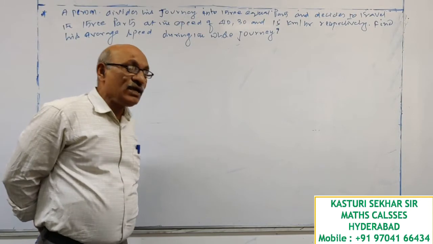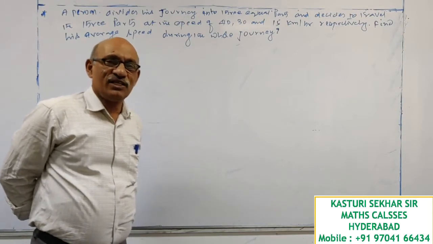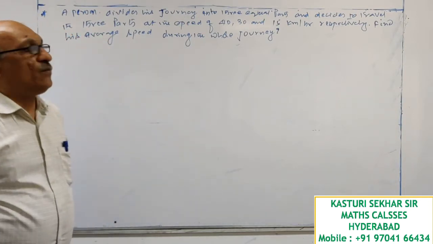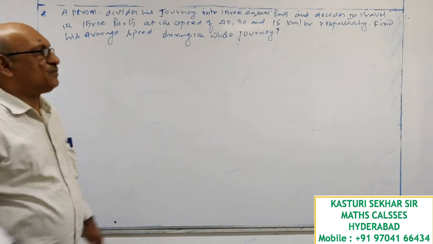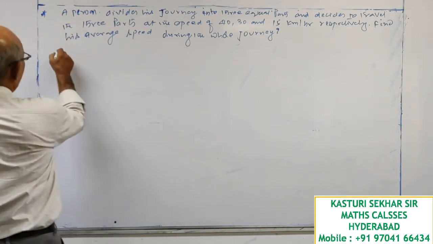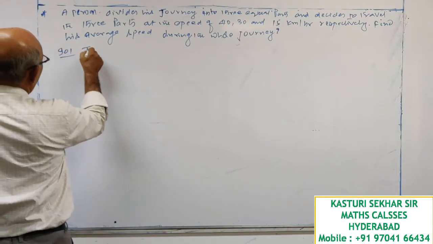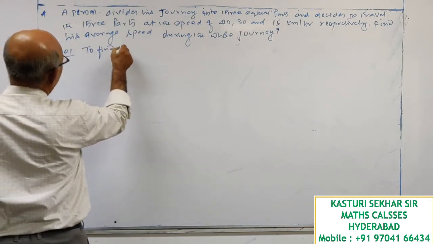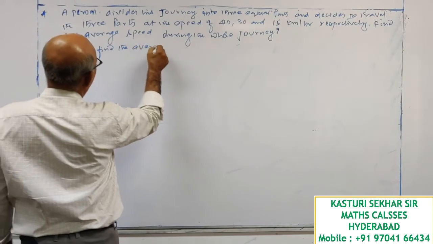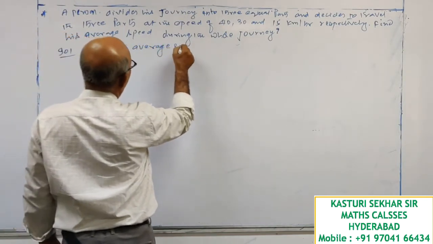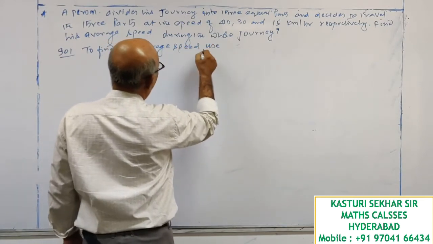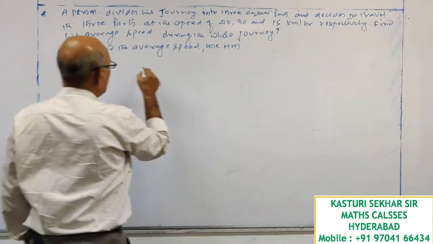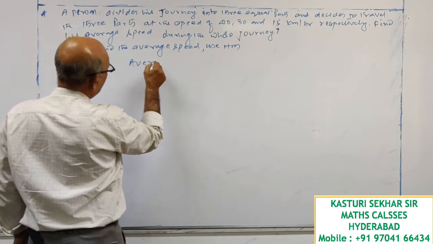So whenever equal distance is covered with unequal speeds, to find the average speed we have to calculate harmonic mean of different speeds. To find the average speed, use harmonic mean.